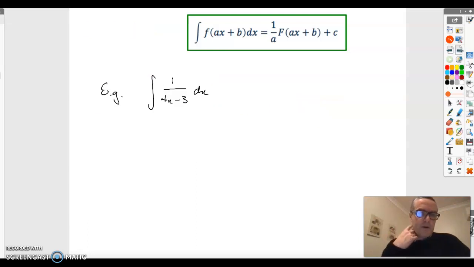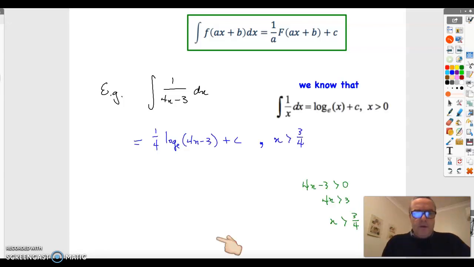So here I've got 1 over 4x minus 3, and we can see that ax plus b pattern at 4x minus 3. We're going to relate that to the simple function 1 over x. We know that the integral of 1 over x is log of x.